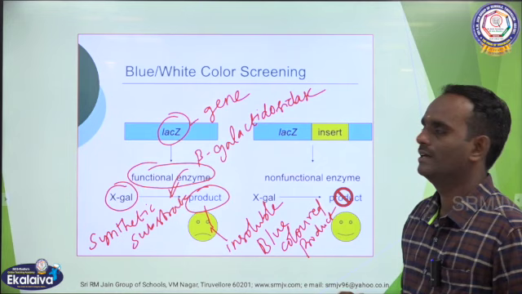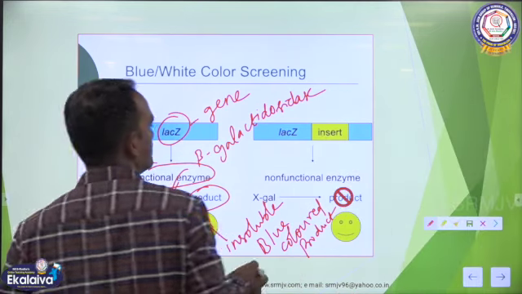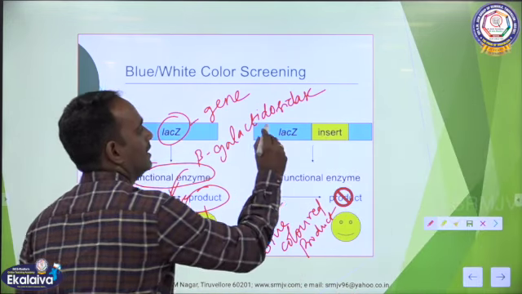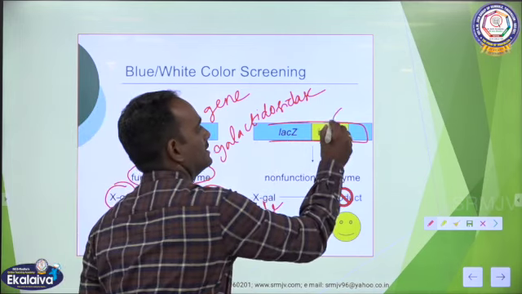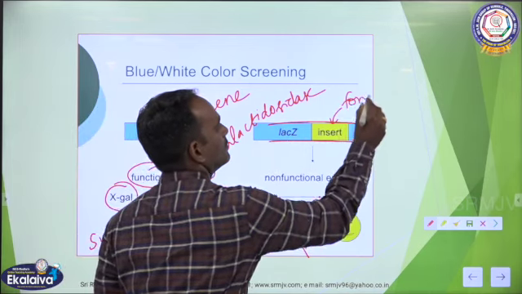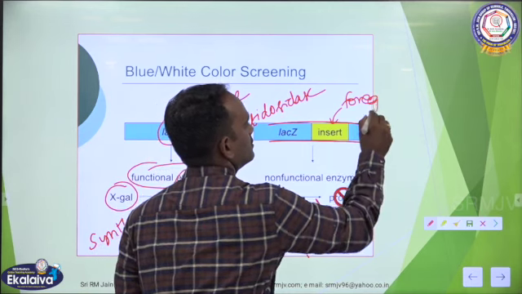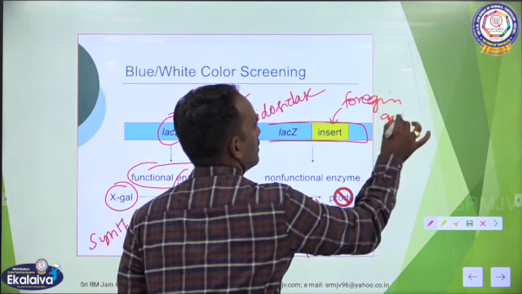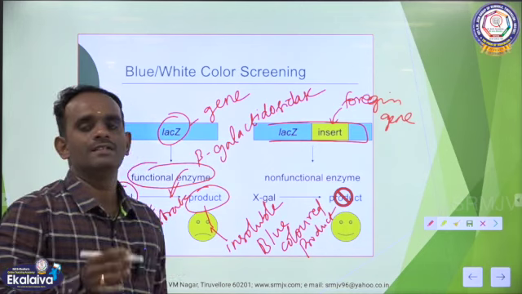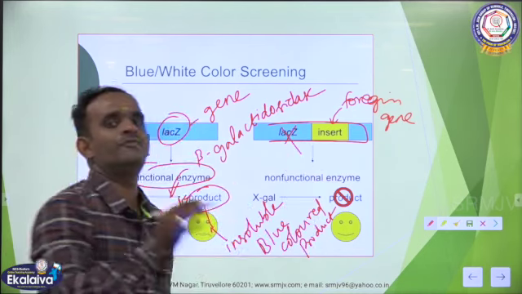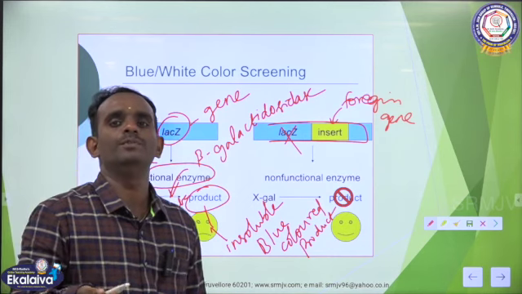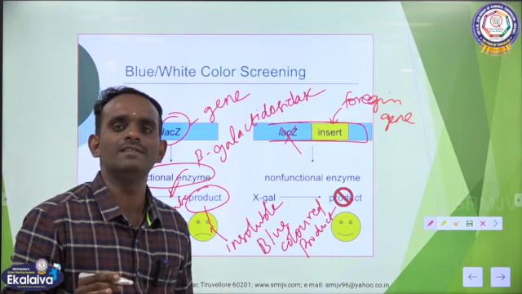See another picture here, children. This is a LacZ gene, but by inserting a foreign gene, the gene is no longer functional. It cannot produce the enzyme beta-galactosidase.